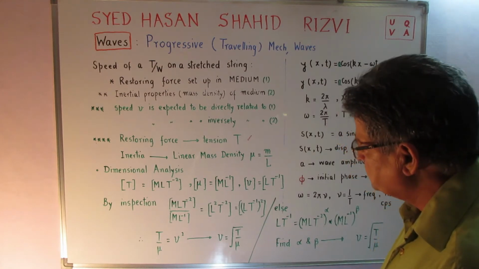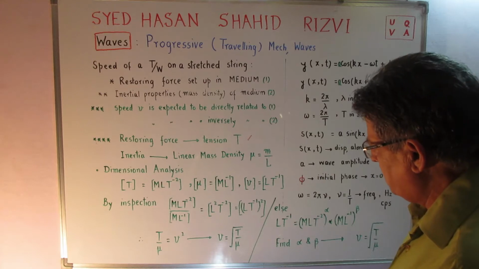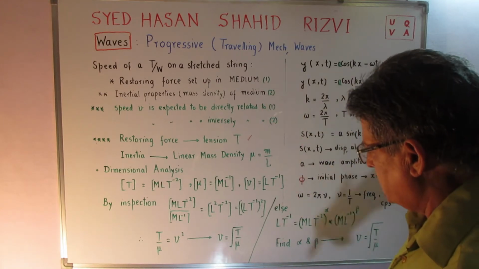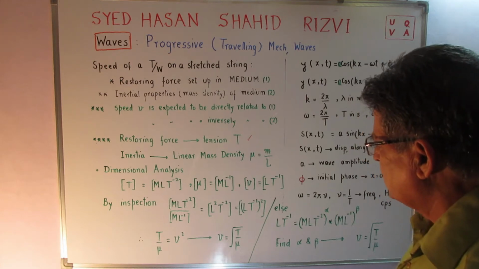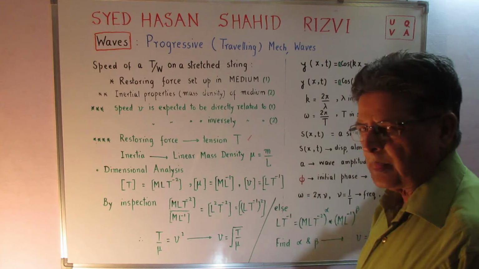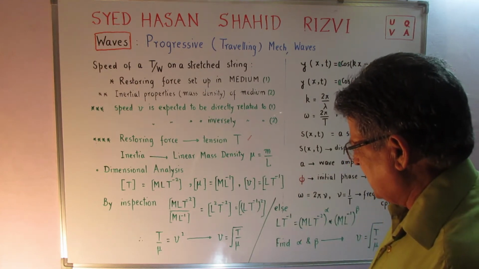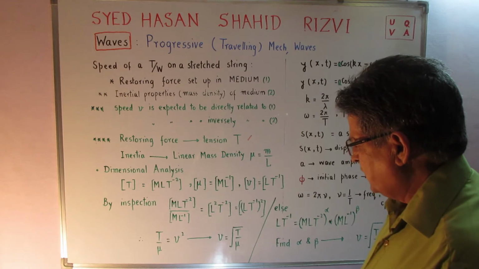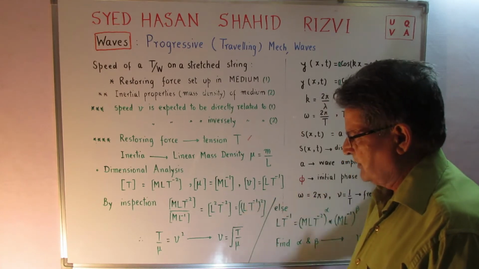Now it can be shown by rigorous calculations that the velocity will turn out to be equal to under root T upon mu. But it is not essential that we go into the details and find out this relation.